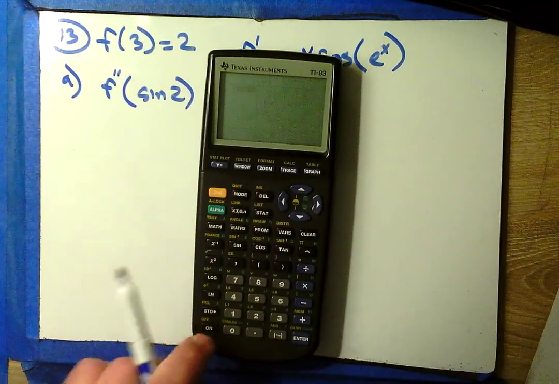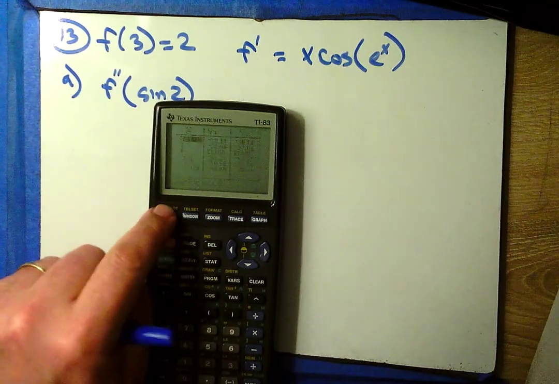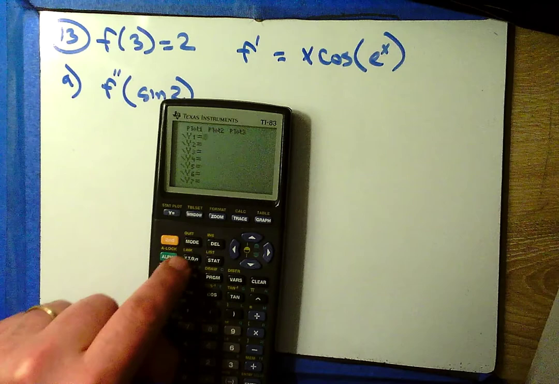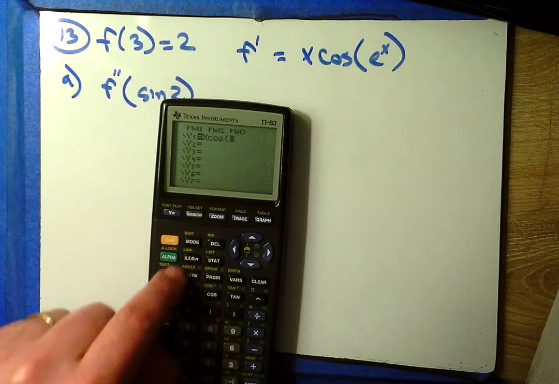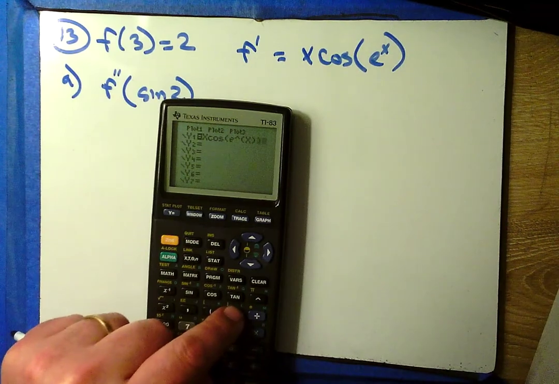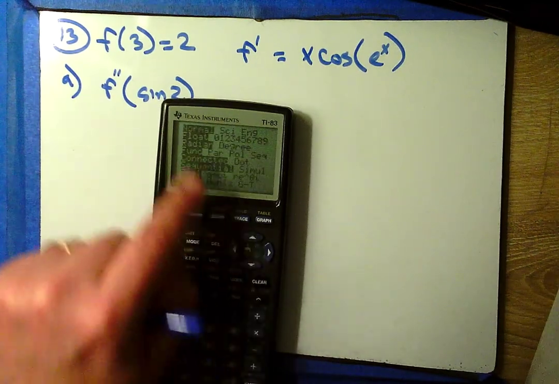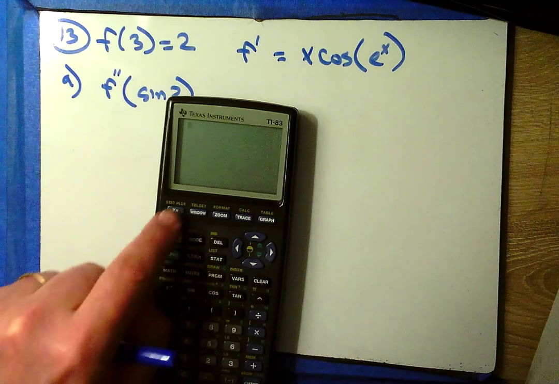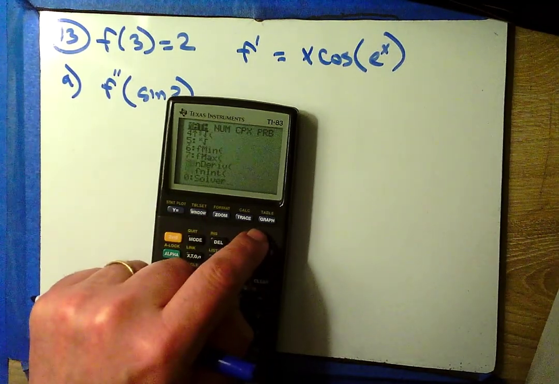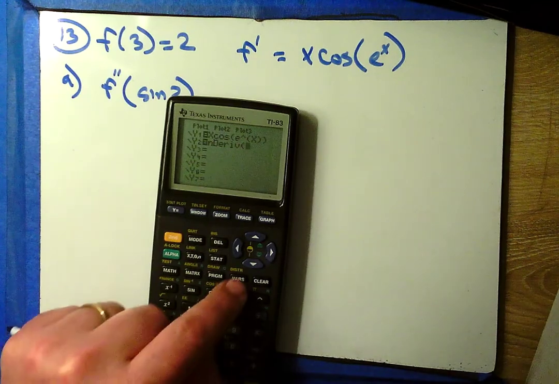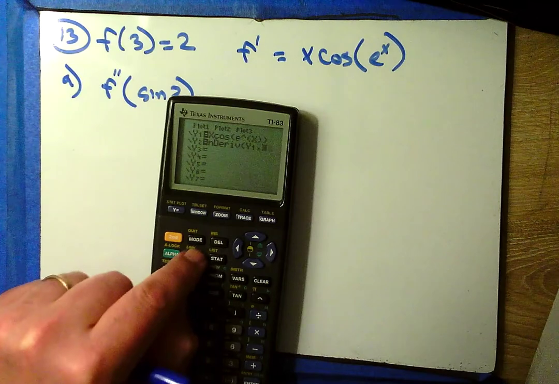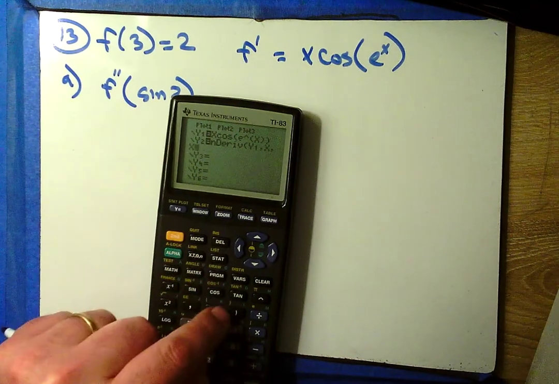So go to your calculator and type in that function into y1, x cosine e to the x close parentheses. Make sure you're in radians. Good. And now we want the derivative of that. So we go to math and deriv y1 comma x comma x.